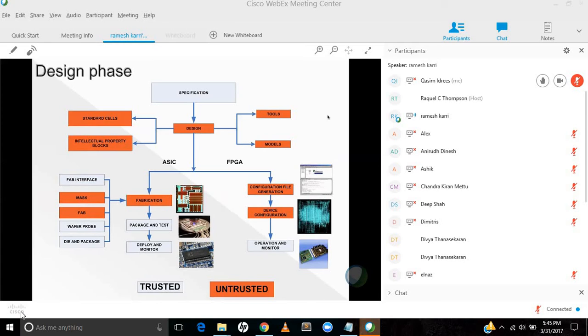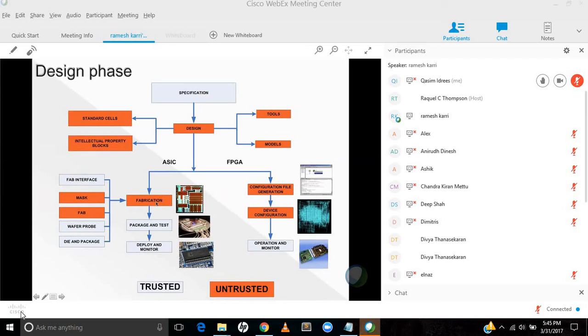This is the focus of open source tools for placement, partitioning, whatever it is, high-level synthesis, standard cell generation. That's the focus of that competition. I hope some of you participate. And then the simulation models and so on could also be compromised. So those are the things that can happen at the design stage.